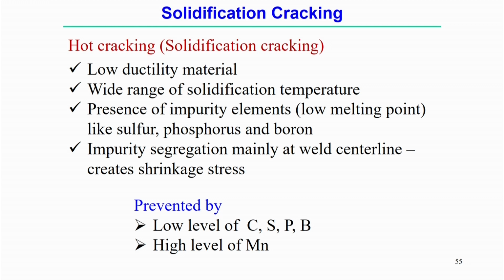So, to prevent solidification cracking in general, we can maintain low levels of carbon, sulfur, boron and phosphorus. These are typically low melting point elements, and if we control their level in the weld or in the parent materials, we can to some extent avoid solidification cracking.